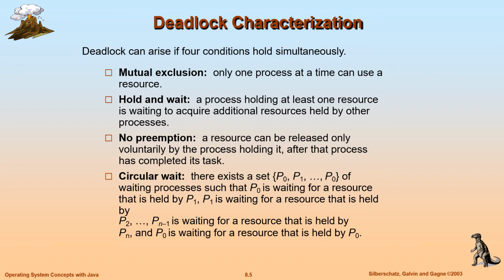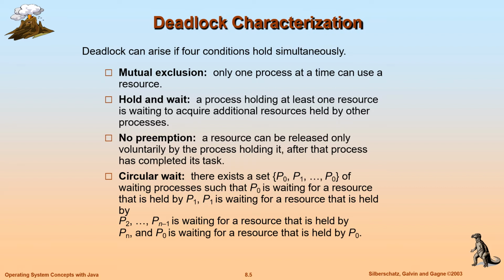Next, the fourth characteristic is circular wait. There exists a set P0, P1 and so on up to Pn of waiting processes such that P0 is waiting for a resource held by P1, P1 is waiting for a resource held by P2, and so on.